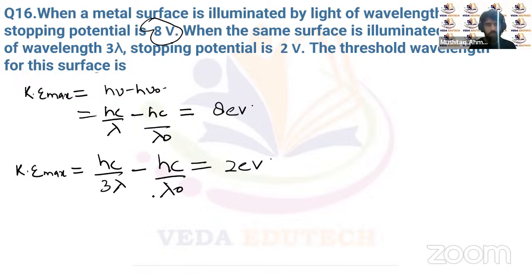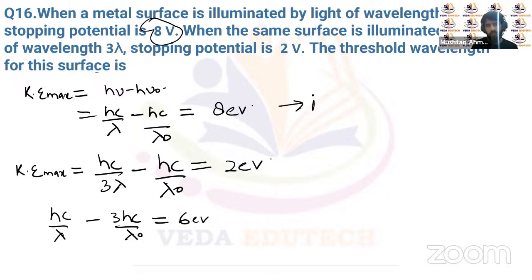So what we'll do here is multiply this equation by 3 on both sides. So we'll have hc upon lambda minus 3 hc upon lambda naught, which will be equal to 6 electron volts.